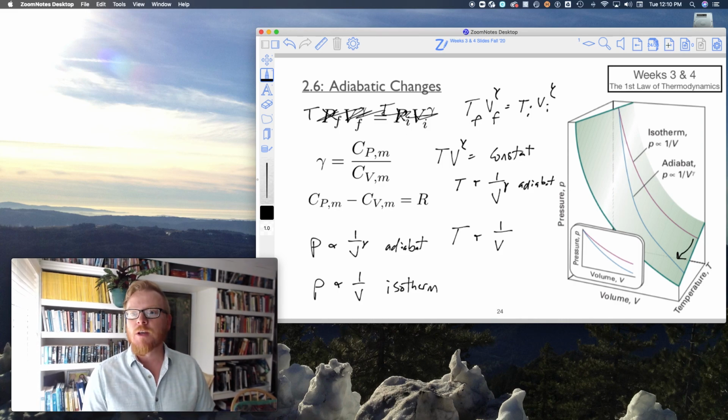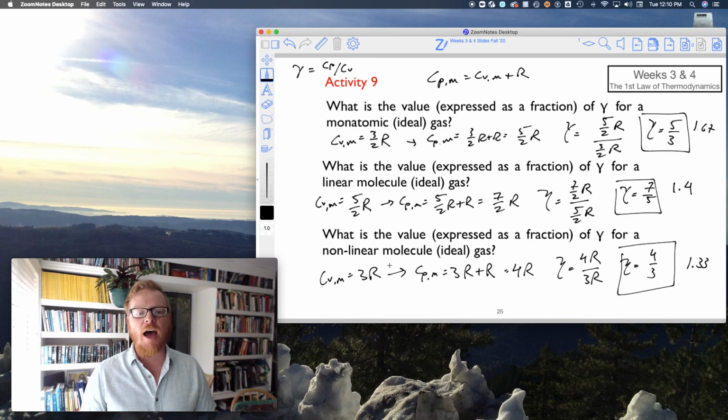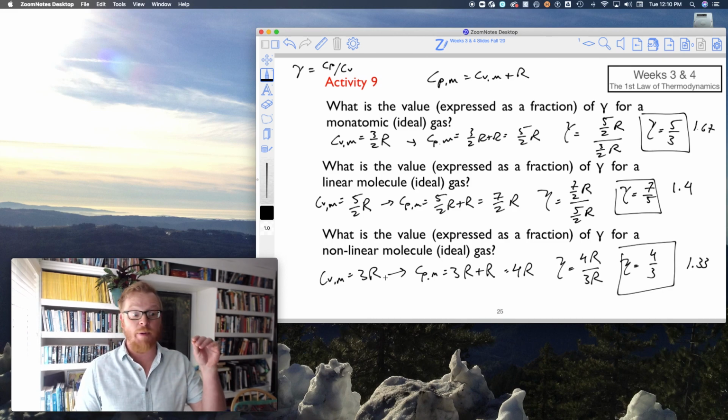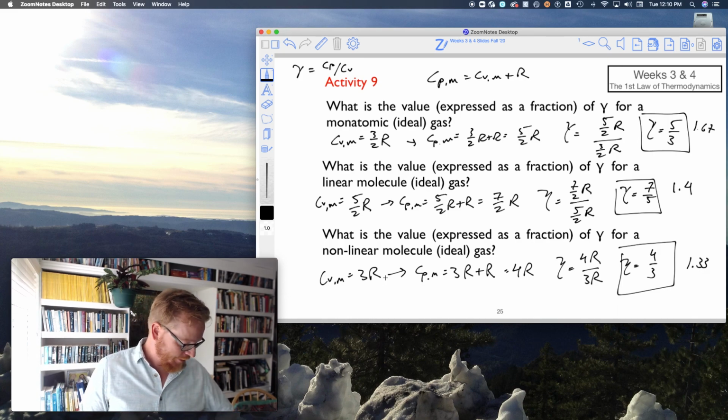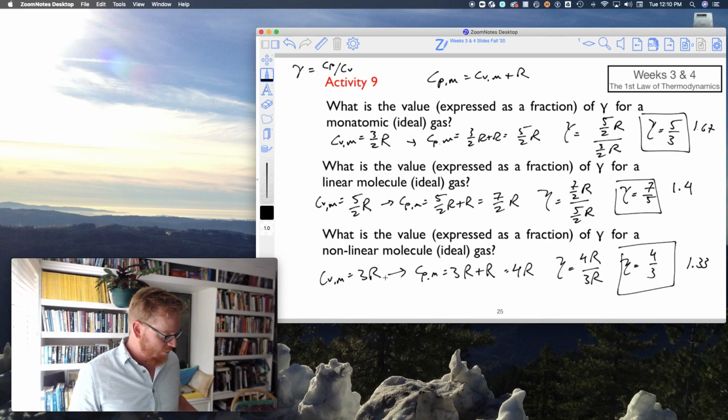In other words, for the nonlinear molecule, before it can do any of that expansion work, heat has to either get pumped in or pumped out of those degrees of freedom before any change can happen. Hopefully that makes good physical sense to you. If not, we can most definitely talk about it more during office hours or during our live session.